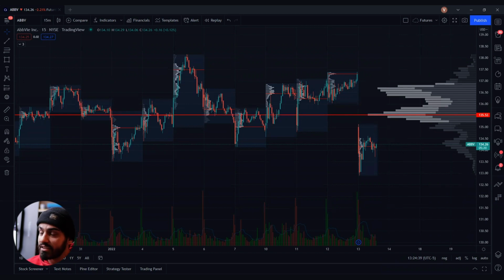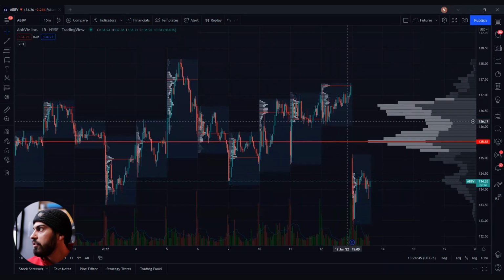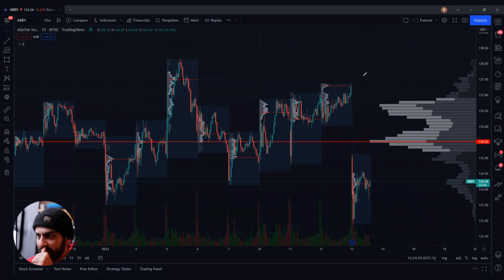So what does that mean necessarily? Now, the basics: we have to understand the components of the volume profile. So why don't we start drawing on the screen and break everything down for you guys? In terms of the volume profile, you can see that not all areas are the same. Naturally, there are some things that stick out. We have an area right here, which is a darker block on the volume profile.